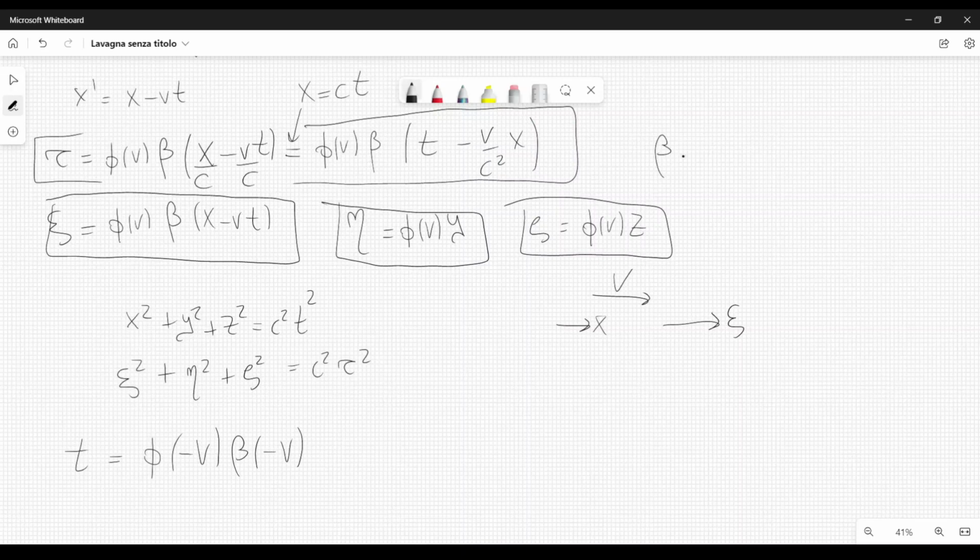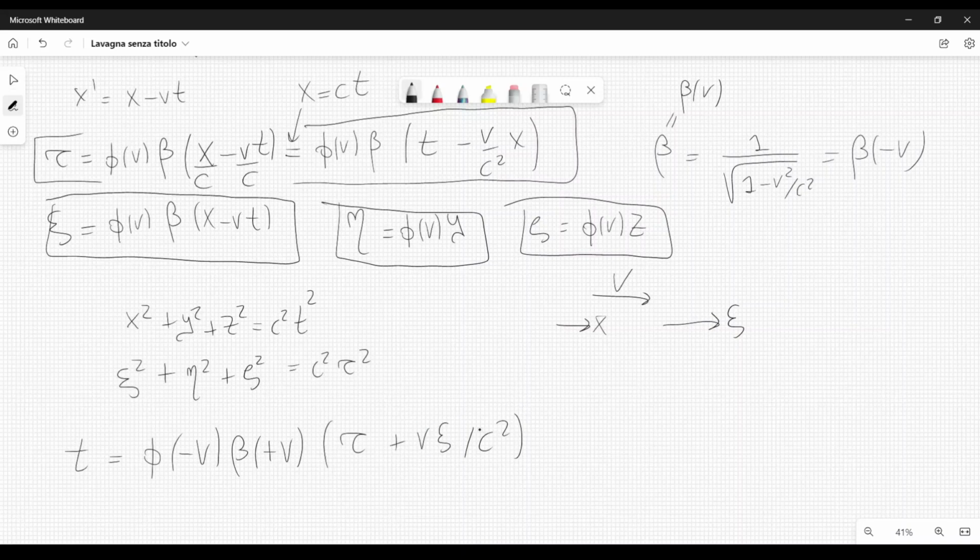You can easily see it from the expression beta equal to 1 over square root of 1 minus v squared over c squared, but this is also equal to beta of minus v if we define this to be beta of v. As you can see, because we have v squared, so if we change the sign of v to minus v, the function beta does not change. So we can also rewrite this as beta of plus v, doesn't matter. And then here we have tau plus v xi over c squared.